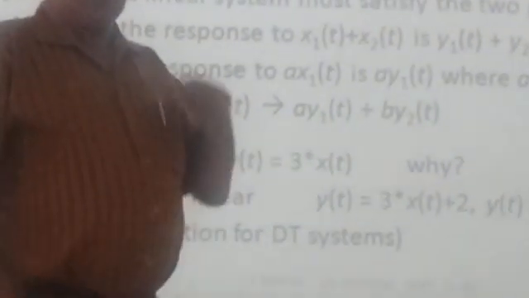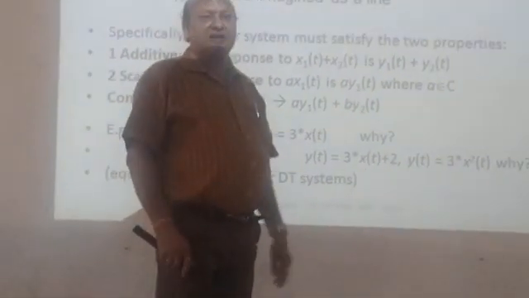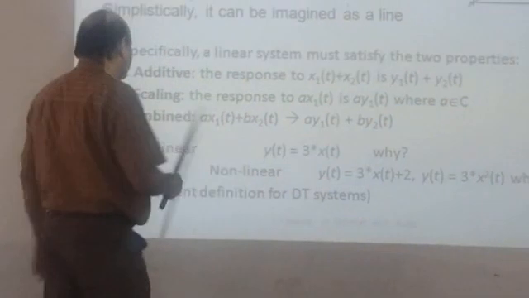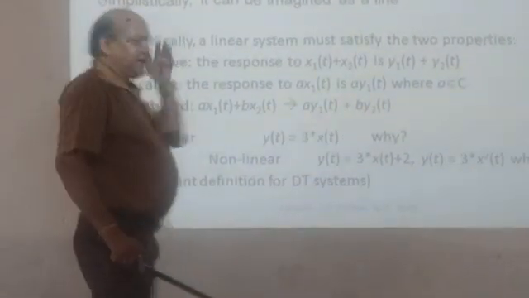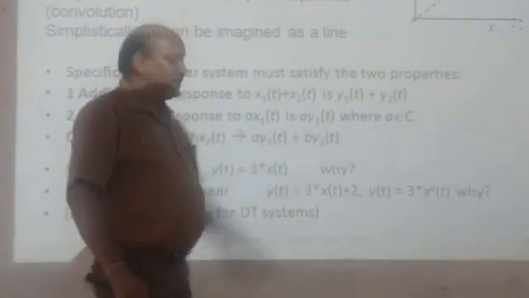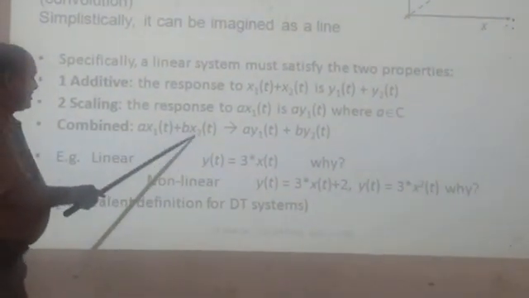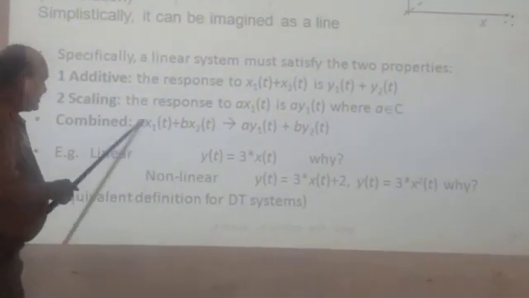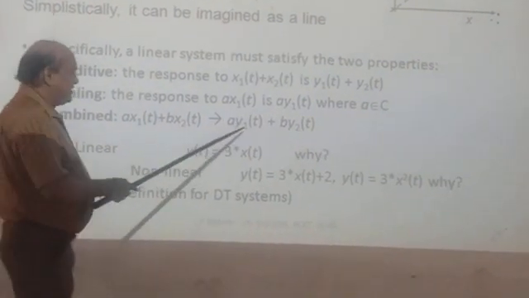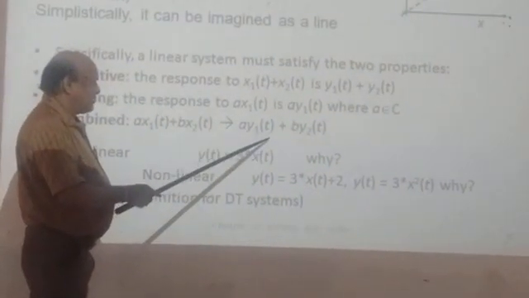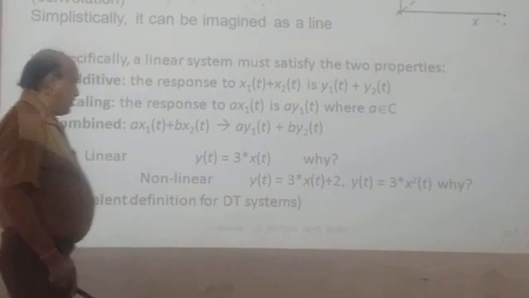Scaling means to multiply with some scalar, that is a constant. And the combination of additive and scaling makes a linear system like this: a x1(t) + b x2(t). Then its response will be linear, that is a y1(t) + b y2(t).